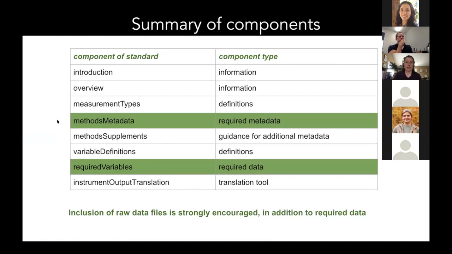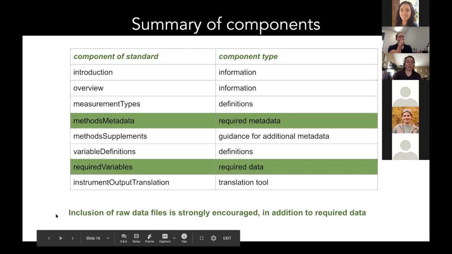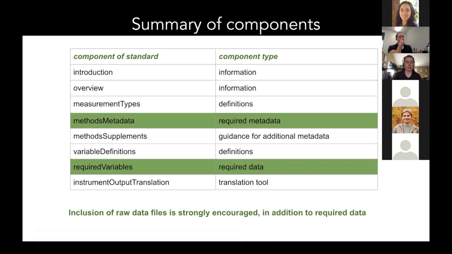The sections highlighted in green are really the core of the submitted data that would be required, along with the raw data, and all the other non-coloured parts of this table are essentially supporting information and definitions.